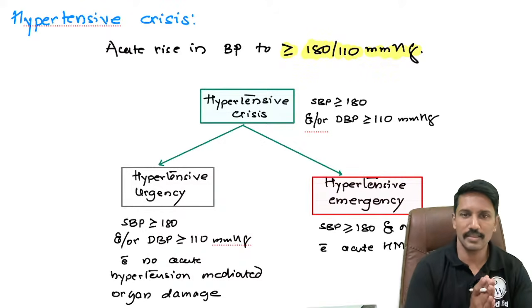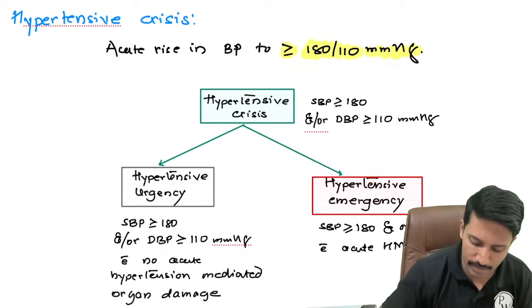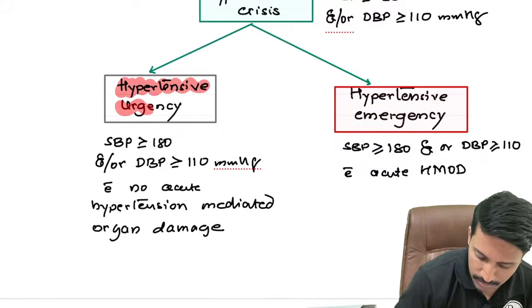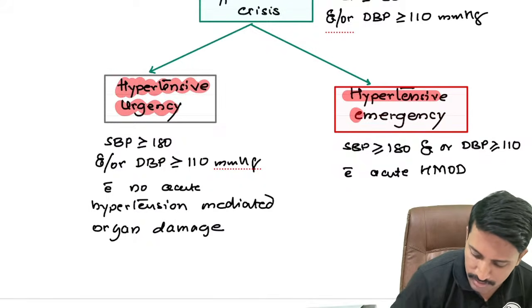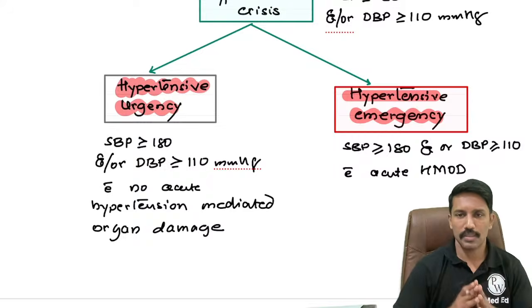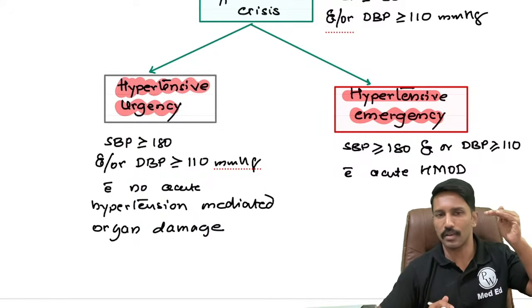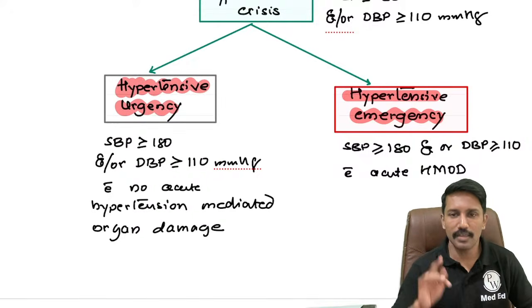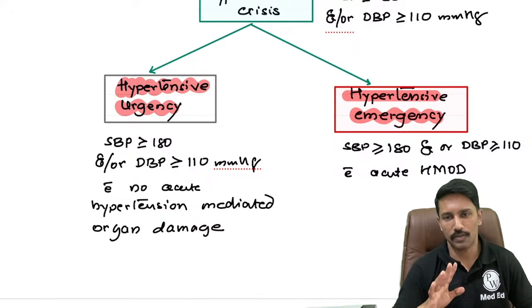Now that sudden rise in the BP will be further classified into hypertensive urgency and hypertensive emergency. So what is the difference between the two? In hypertensive urgency, BP has risen above 180/110, but that rise in the BP has not resulted in any damage to the internal organs.